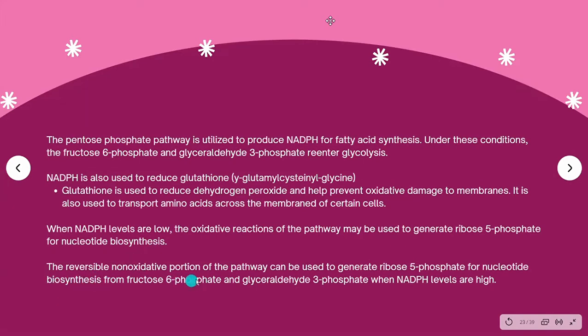The reversible non-oxidative portion of the pathway can be used to generate ribose 5-phosphate for nucleotide biosynthesis from fructose 6-phosphate and glyceraldehyde 3-phosphate when NADPH levels are high.